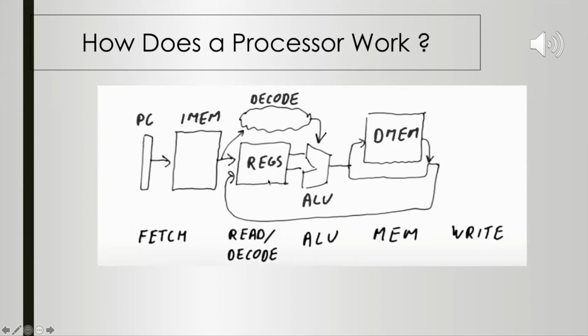Now, of course, there are a lot of things to do with branches and jumps and so on, but basically we can do one instruction per cycle, as it essentially goes through these 5 stages. First, starting at the PC, fetching the instruction, then accessing the registers, after that doing the operation in the ALU, accessing the data memory, if needed of course, and finally writing the result back to the registers.